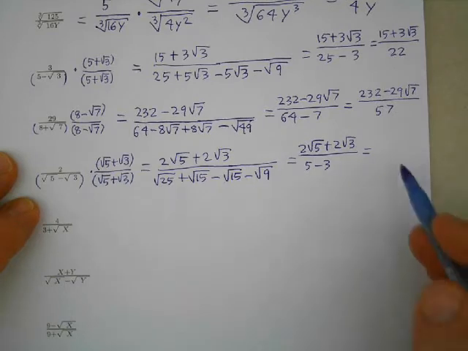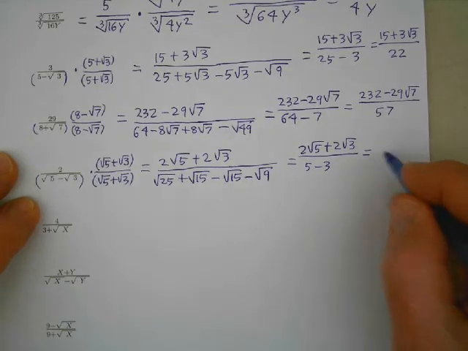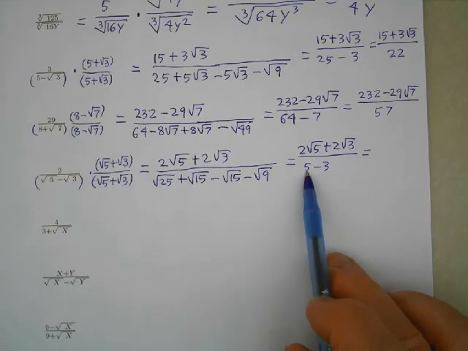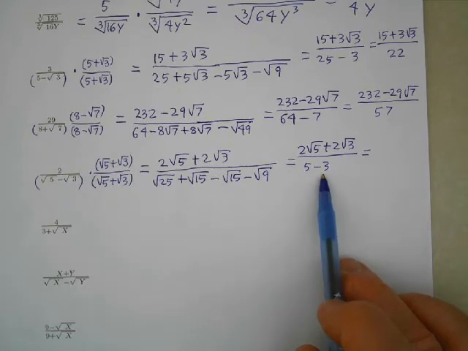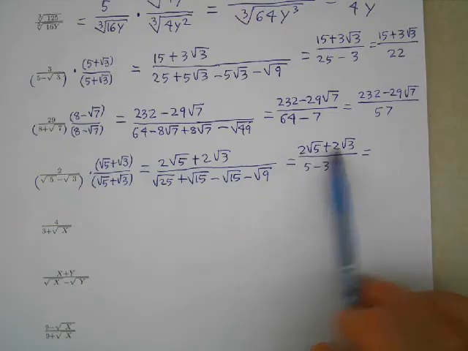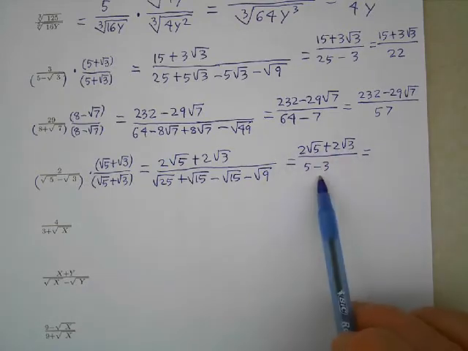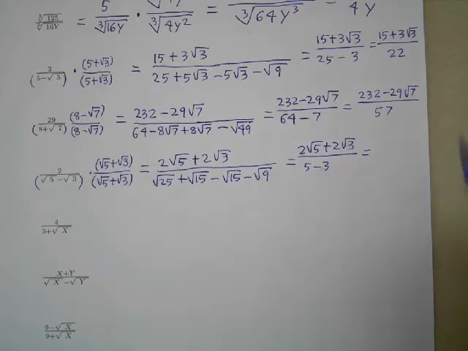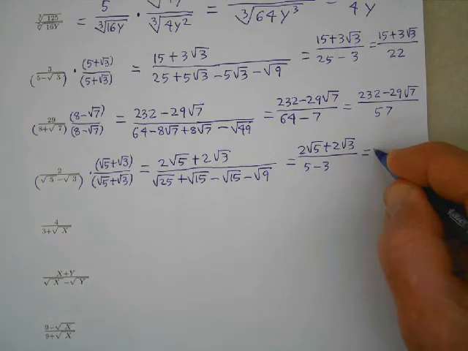Since I'm running out of room, I'm going to just note that in the denominator 5 minus 3 is 2. And 2 is a common factor of every term in the numerator. So if I divide every term by 2, the final answer will just be the square root of 5 plus the square root of 3.